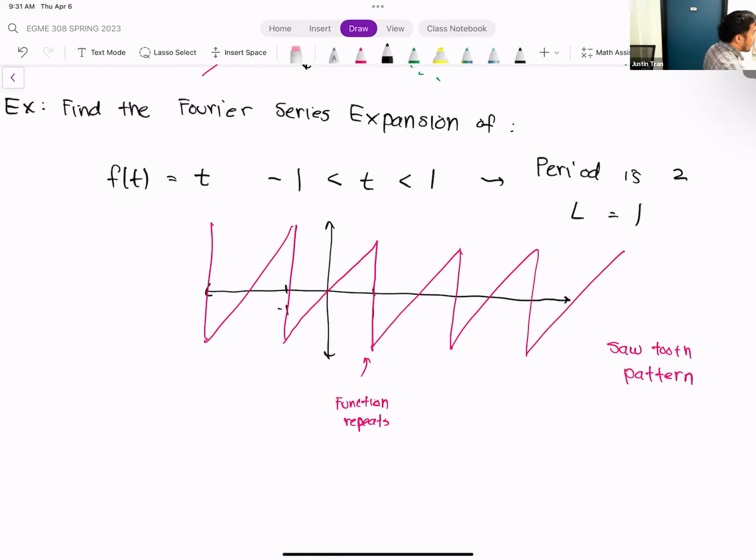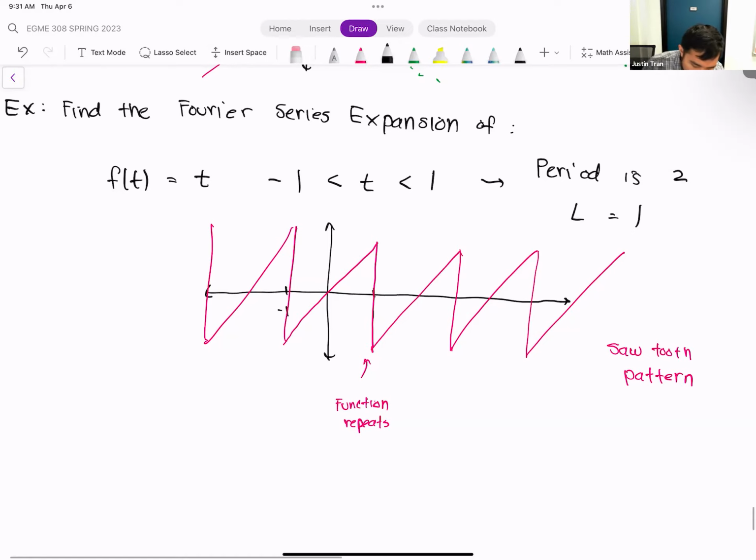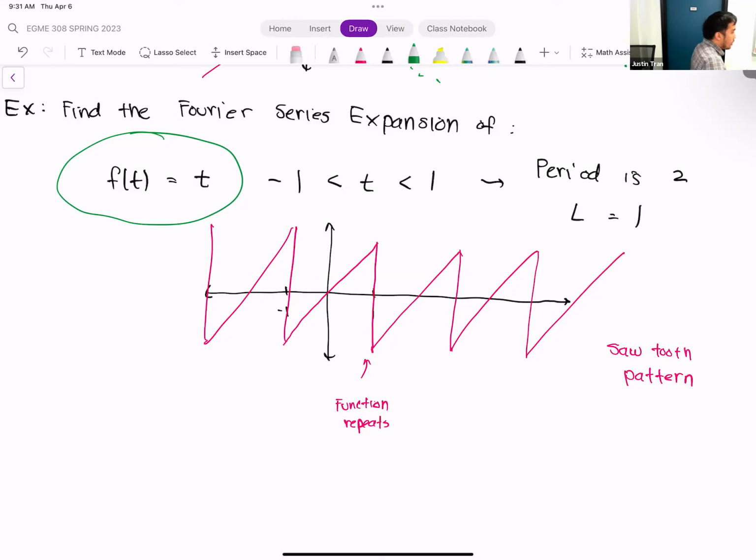So before we start solving the coefficients, let's see if we can simplify this process for us, right? So we have our function here. We have f of t is equal to t. What we know about f of t is equal to t is that it's an odd function, right?